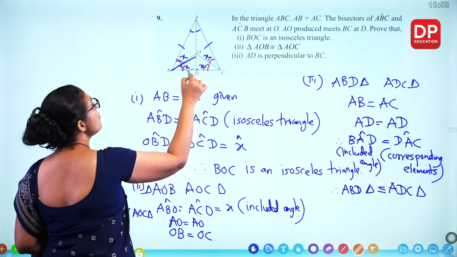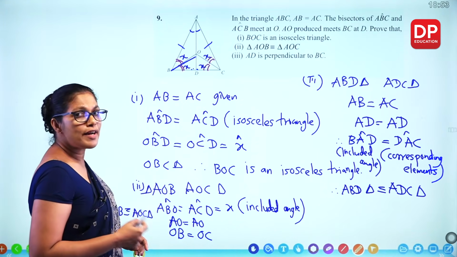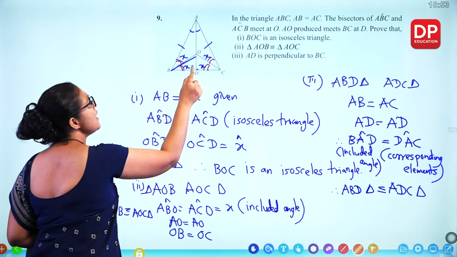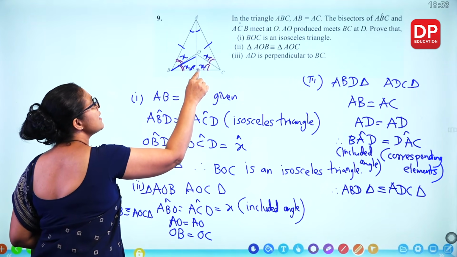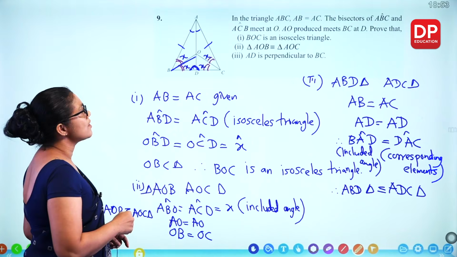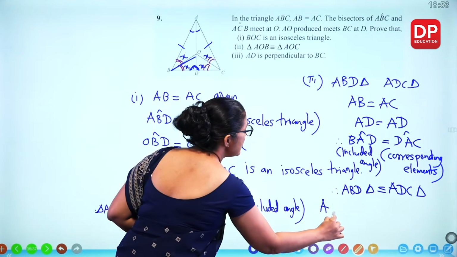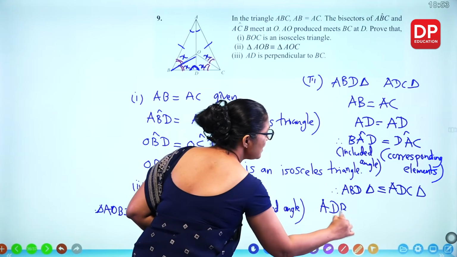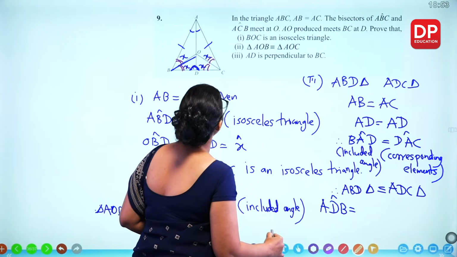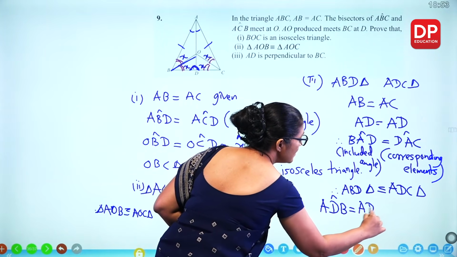Now if these two are congruent, what are the corresponding elements? We can say ADB angle is equal to ADC angle.